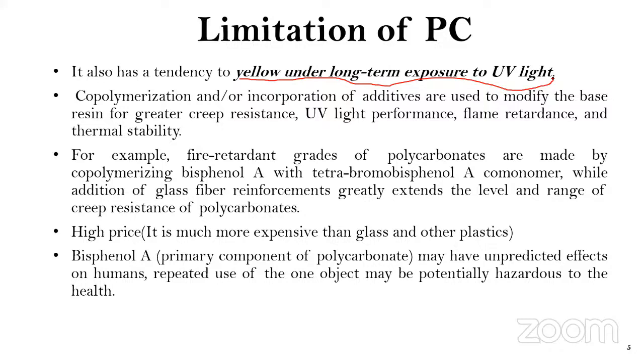If you expose this polycarbonate for a longer duration of time to UV light, what will happen? It will turn yellow. That gives you very important information that your PC is going to be degraded.